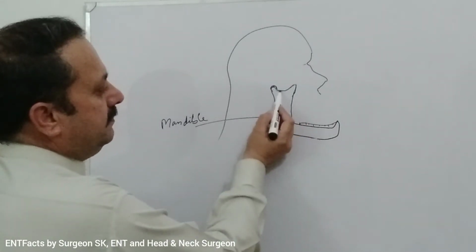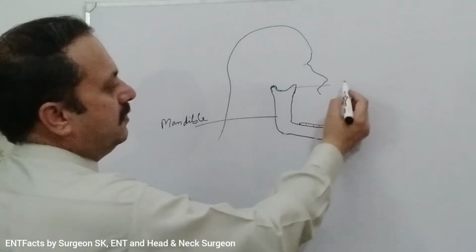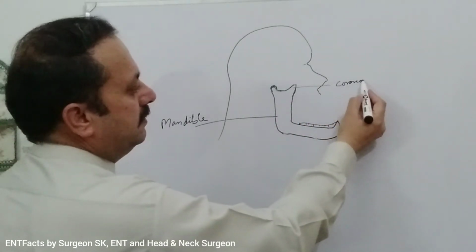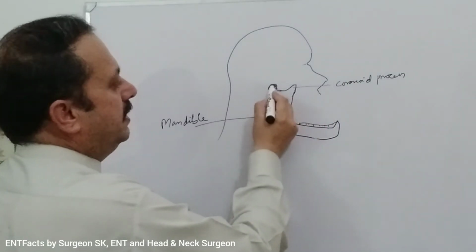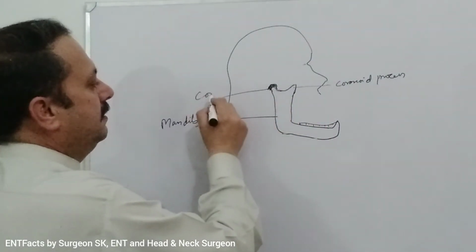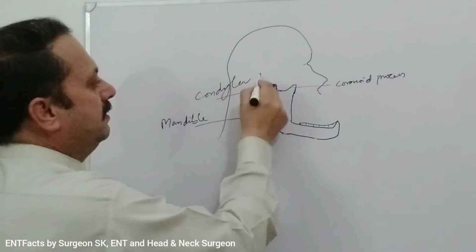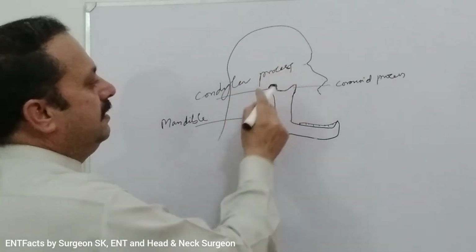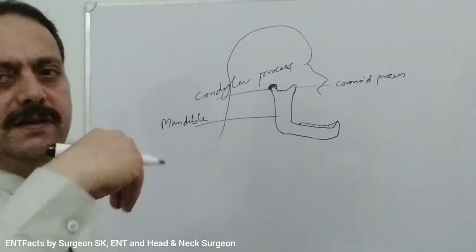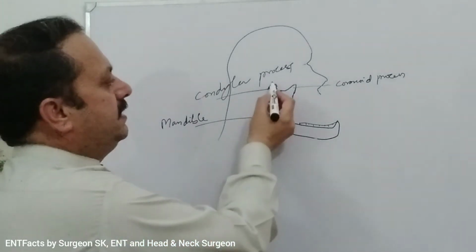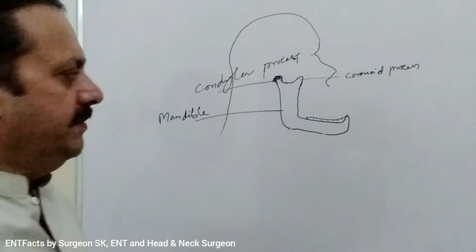Anteriorly, this is called the coronoid process. This is called the condylar process, which articulates with the base of the skull, and the bulge of which is seen in the floor of the external auditory meatus.